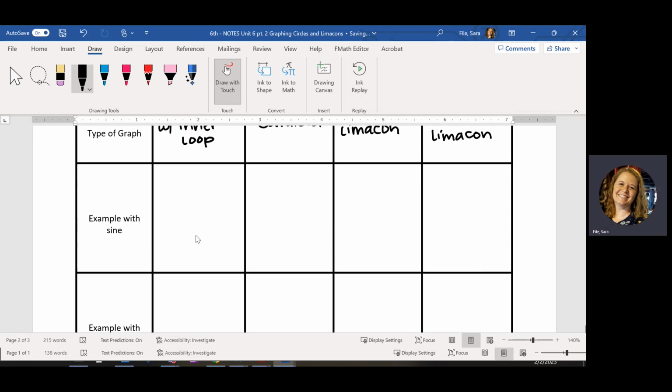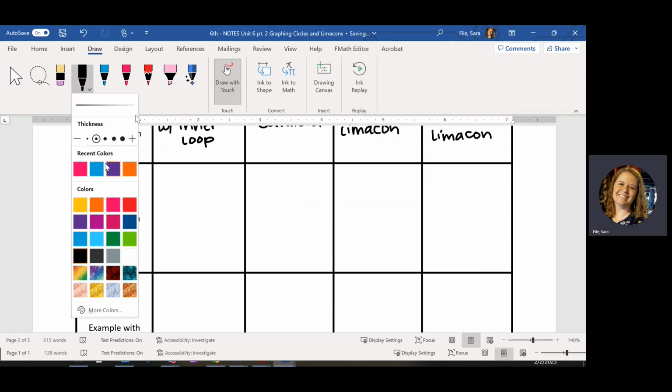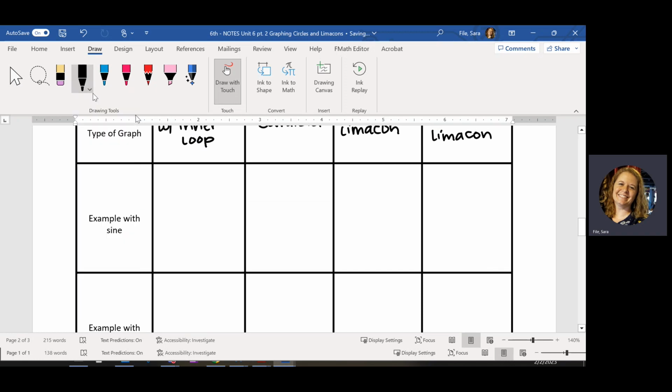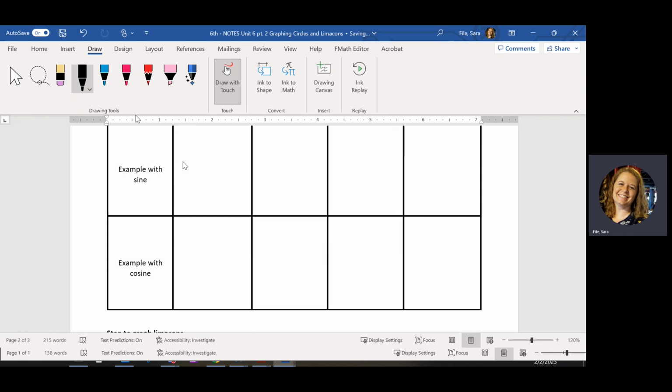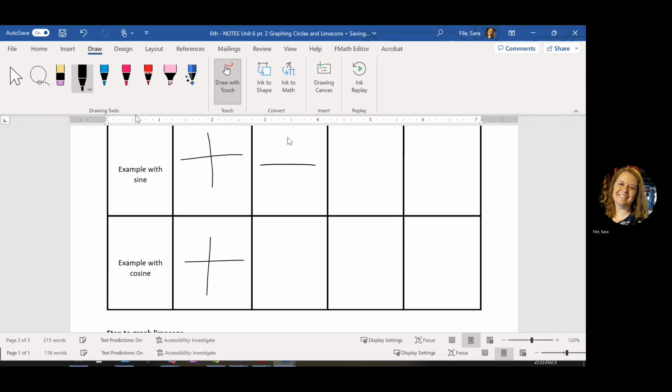Okay, so I'm going to draw an XY axis in all these boxes so that we can draw an example of sine and cosine of these different shapes. So go ahead and just draw an axis in each of these. Vertical and horizontal axis.